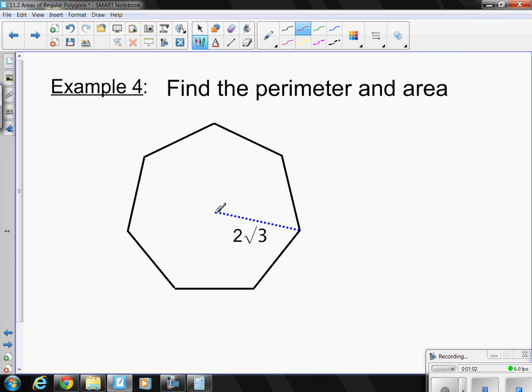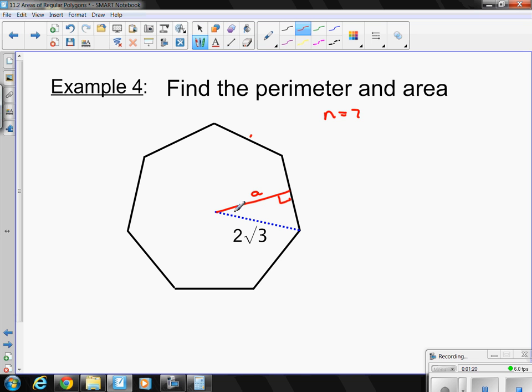This problem, I need to find my apothem. Notice I'm going to quickly count the number of sides: 1, 2, 3, 4, 5, 6, 7. So there are 7 sides.